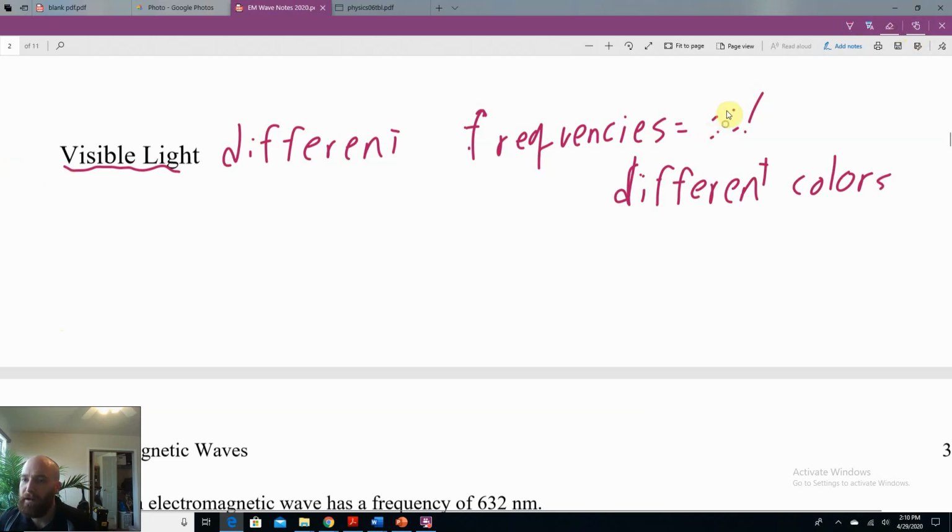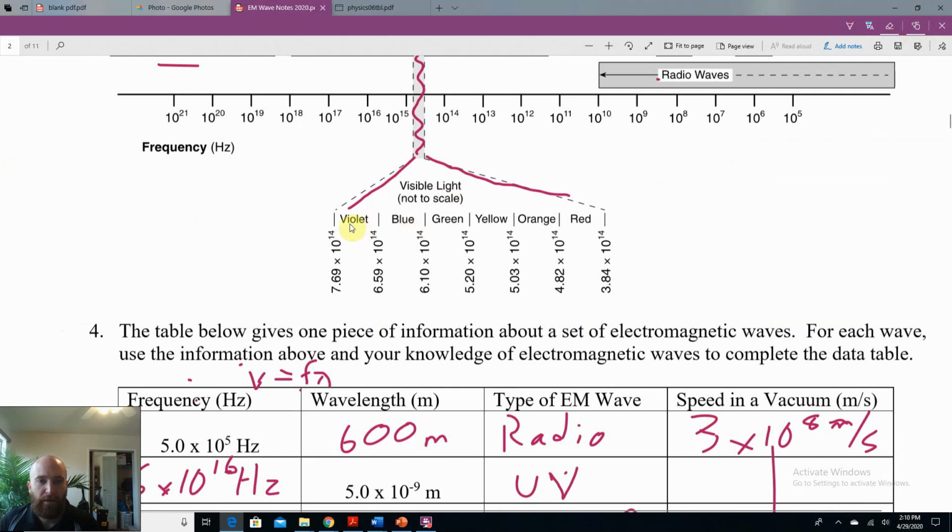Some of the higher frequency colors that you see are violet and blue, and those would be towards the higher end. So those are high frequency, high energy light. Lower frequencies is sort of like your reds and your oranges.